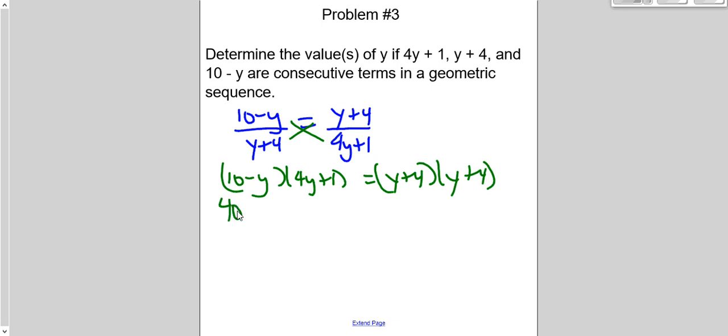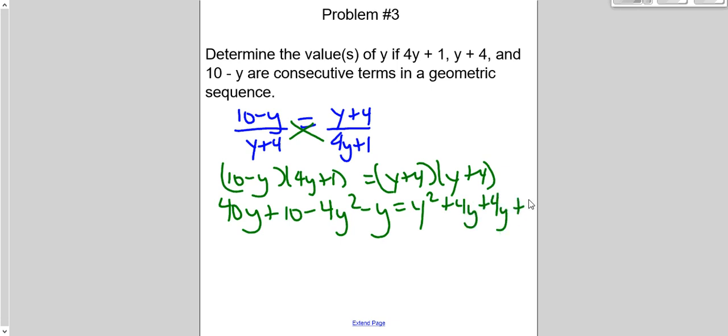And this gives me 40y plus 10 minus 4y squared minus y equals y squared plus 4y plus 4y plus 16.